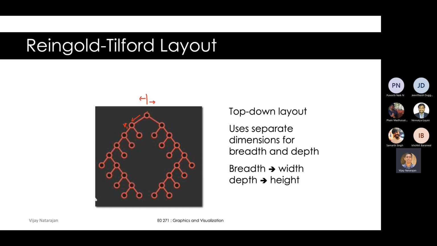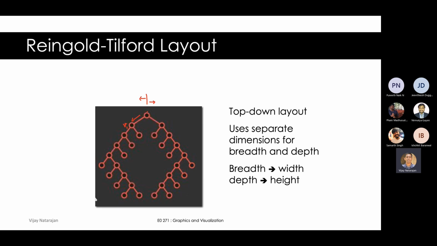What does it do? How does it map the different aspects of the tree to the dimensions that are available? So you are drawing everything on the plane. So there are two dimensions, like I said, the x-axis and the y-axis. You can call this the breadth and the height and the width, for example.